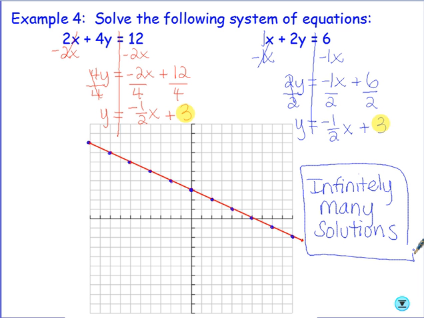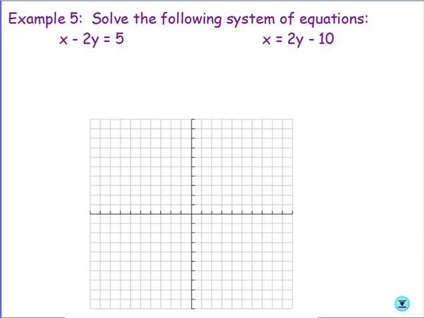All right, last example. Give it a try, guys. Pause the video. Okay, let's see how you guys did. That's a 1 in front of that x, so I'm going to subtract 1x from both sides. That leaves me with negative 2y equals negative 1x plus 5.